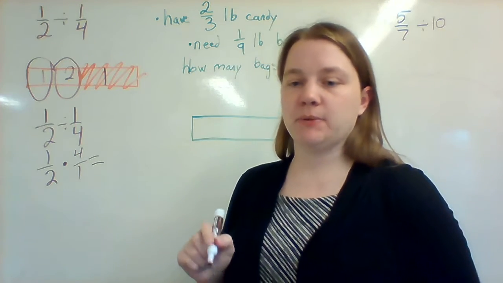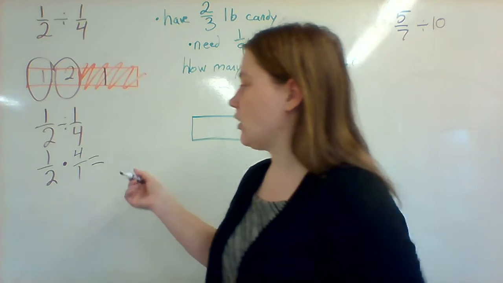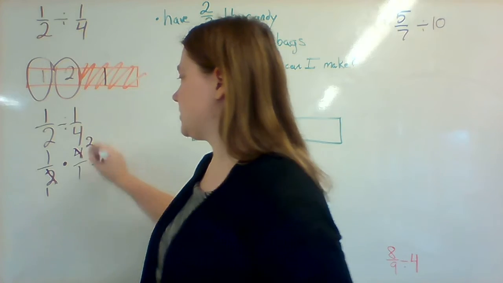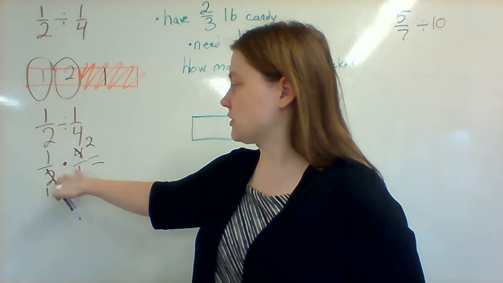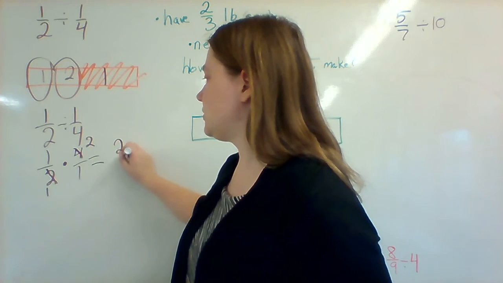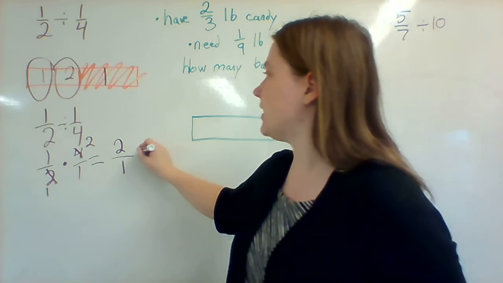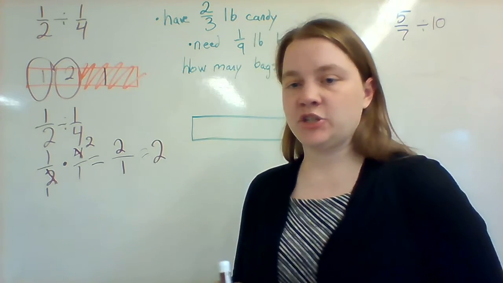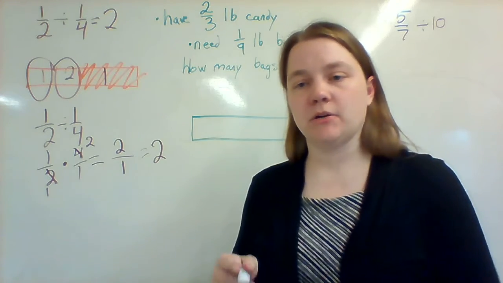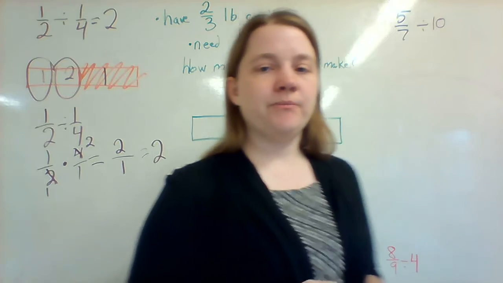Now we're going to multiply, and if you can remember from multiplying with fractions, we can auto-simplify down here, so the 2 becomes a 1, 4 becomes a 2, because these are both divisible by 2. 1 times 2 is 2. 1 times 1 is 1. 2/1 is the same thing as 2, which is the same thing that we got up here. So all you have to do is remember, multiply the reciprocal.